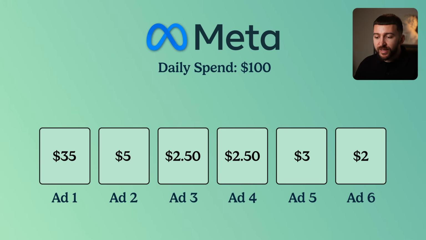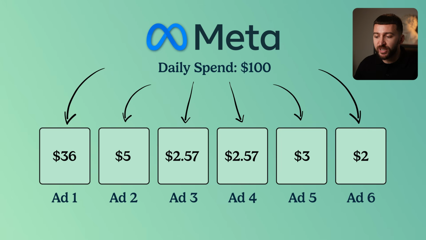The reason that you want to do this is because Meta will automatically push spend towards the ads that are most likely to generate conversions. Okay, so Meta knows what works. Meta's algorithm is so advanced, Meta's AI has so much data, it knows which ad is most likely to achieve sales, right?